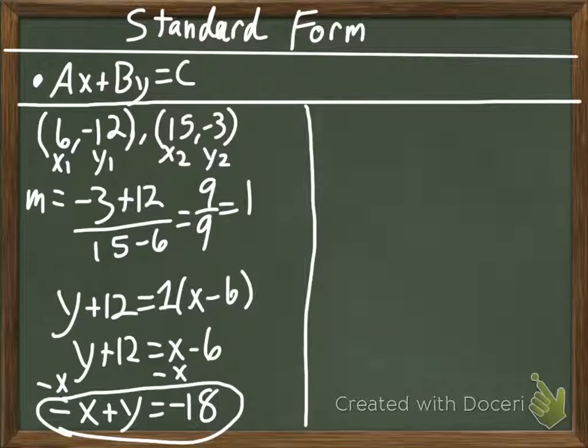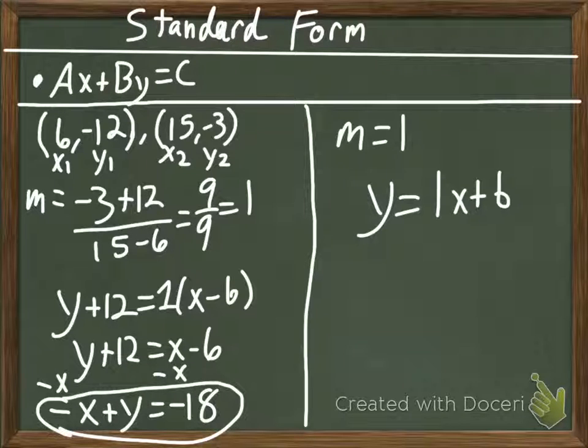Or we can put it in slope-intercept form. So our slope was 1. So we know that y equals 1x plus b. We'll use the 6 and negative 12. So negative 12 equals 1 times 6 plus b.